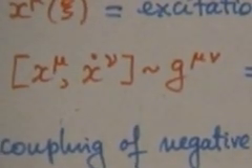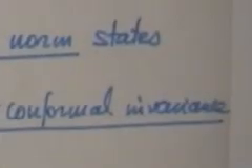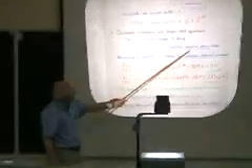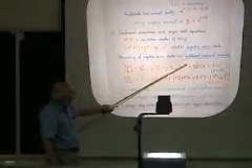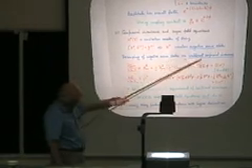And if you decompose this field into creation and annihilation operators, that field will create states of negative norm. So in order to decouple those states of negative norm, conformal invariance on the world sheet comes to the rescue. And so the only way known to decouple negative norms is actually through conformal invariance.